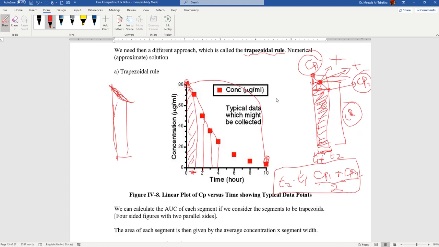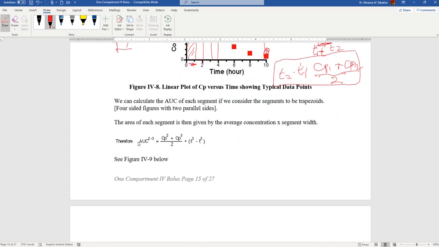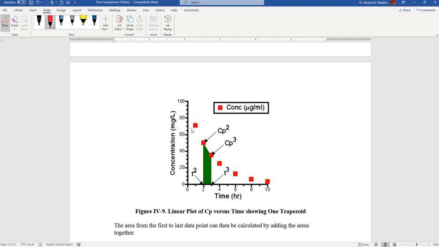But let's go again and try to understand how we can do the calculation. Of course, this is one of the segments. What you see in this equation is one segment only. In order to know the whole area, you need to add all the segments together. See, here we are multiplying the width, which is the time interval, by the average concentration. Look at this figure.